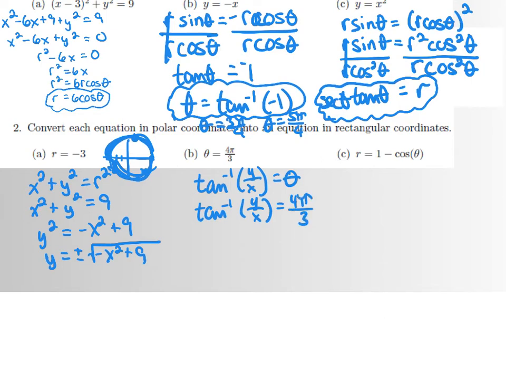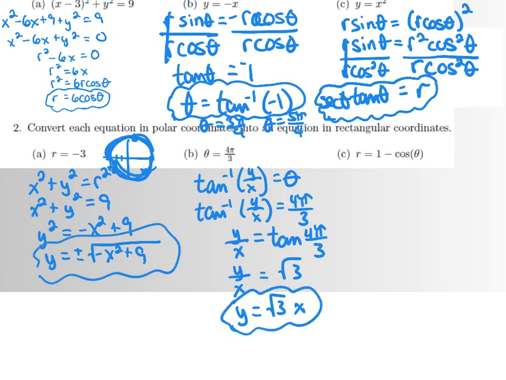Okay, so I want to get y over x by itself, so I'm going to take the tangent of both sides to undo the inverse, and I'm going to say y over x equals the tangent of 4 pi over 3. We know the tangent of 4 pi over 3. It's positive in quadrant 3, and is root 3 over 2 over 1/2, which just gives you root 3. So we have an equation, y equals root 3 times x, in rectangular.